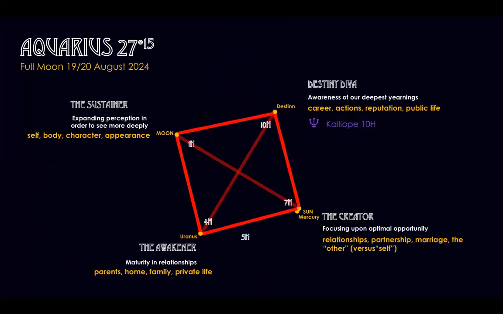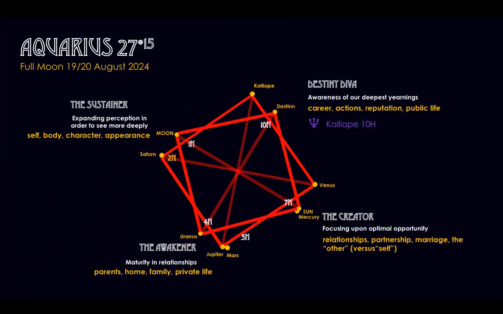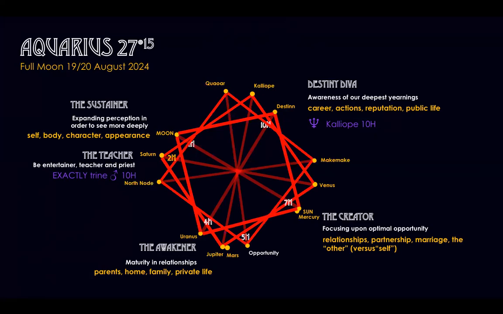Putting this all together. Here is the mutable Grand Cross overlaid with where it touches my chart. And here is the Cardinal Grand Cross overlaid with where it touches my chart.